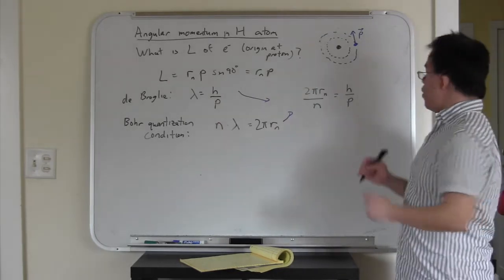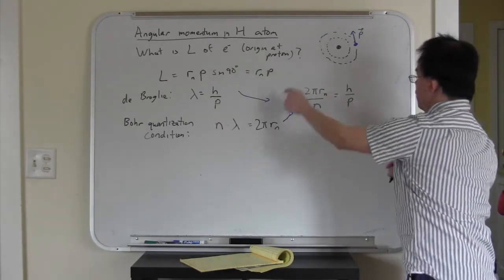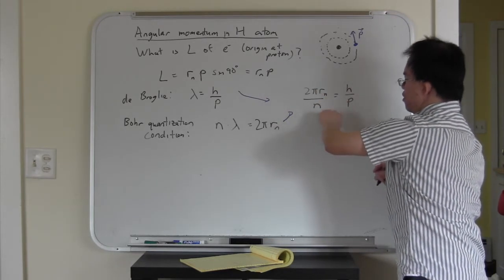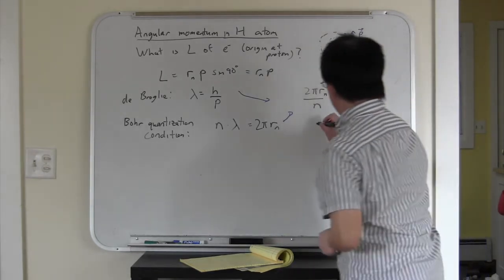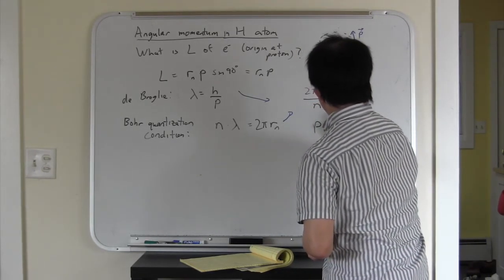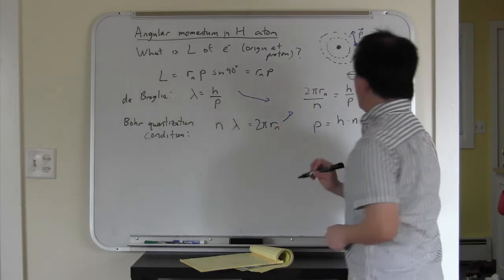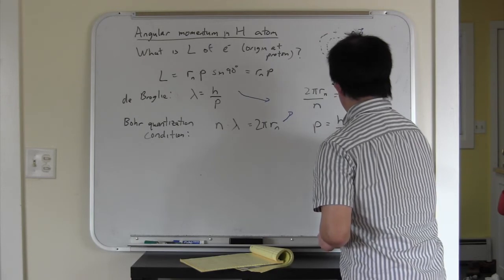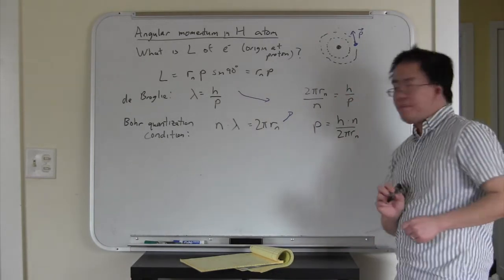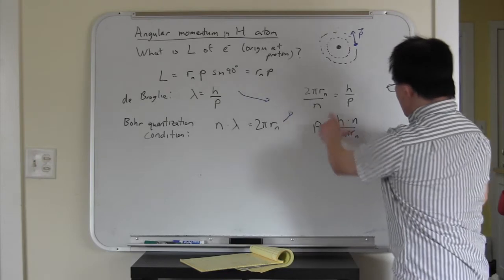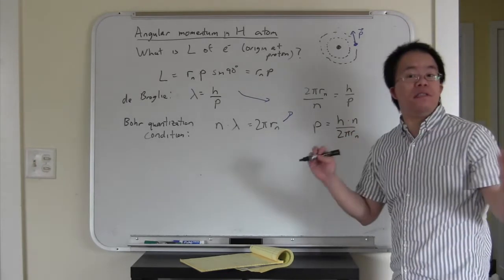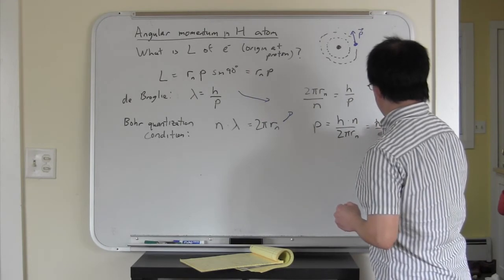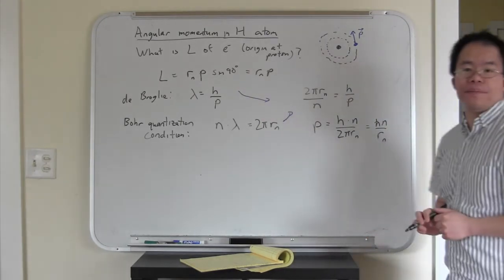So that now lets me solve for p in terms of r sub n. If I just multiply p over and move all of this stuff on the left over to the right, that gives me p equals h times n over 2 pi r sub n. But you know that h over 2 pi is h bar. So this turns into h bar n over r sub n.